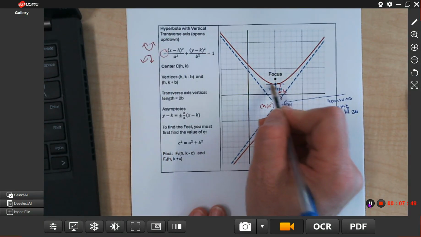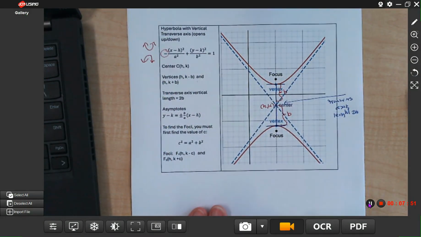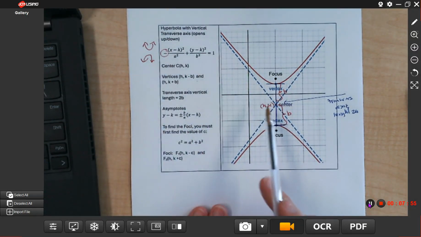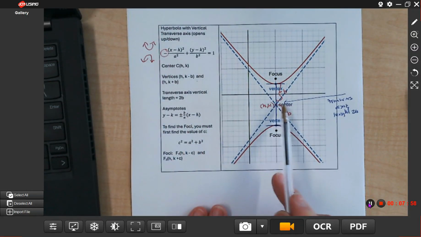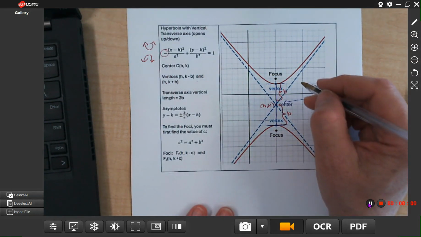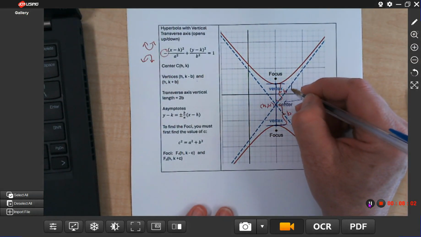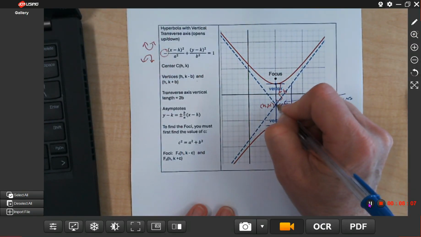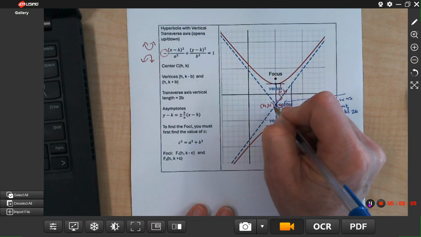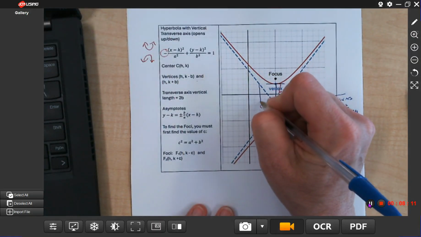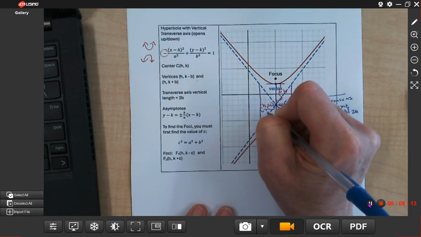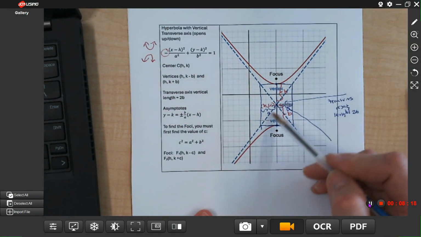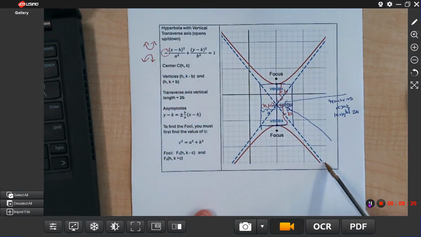Alrighty, now we're going to draw our box. Part of the box touches the vertex, and then in the other direction it's going to move a distance of a, just like the vertices did in the horizontal direction on the other example. So if I go to the right a distance of a, and to the left a distance of a, and draw my box, then the asymptotes go right through the center of the box.